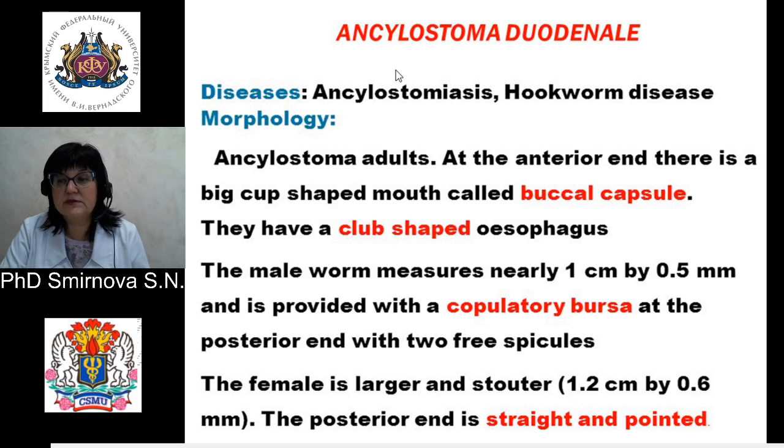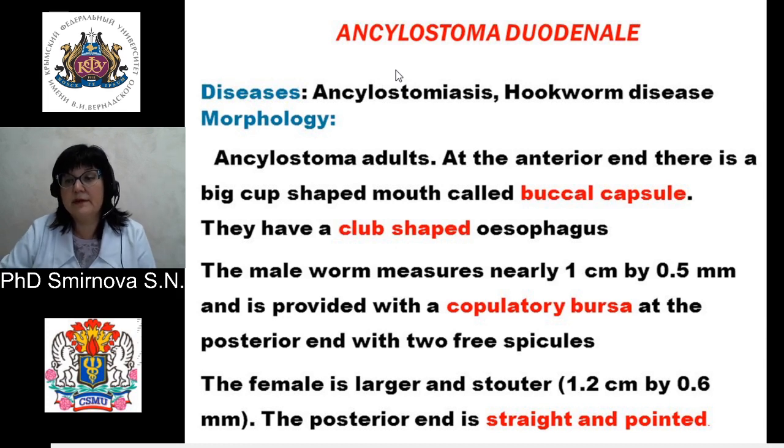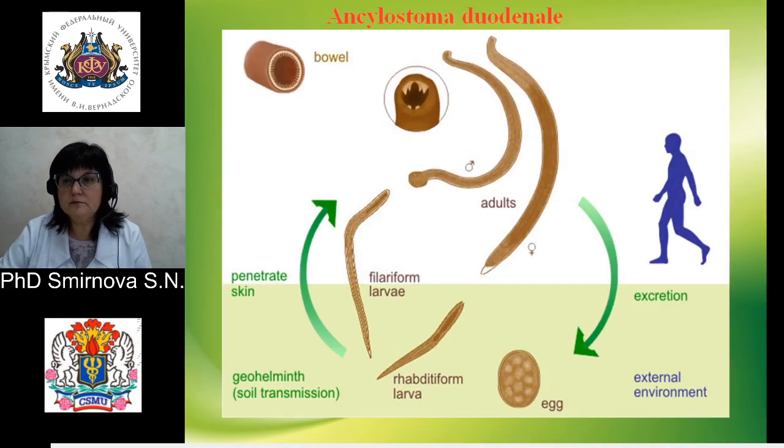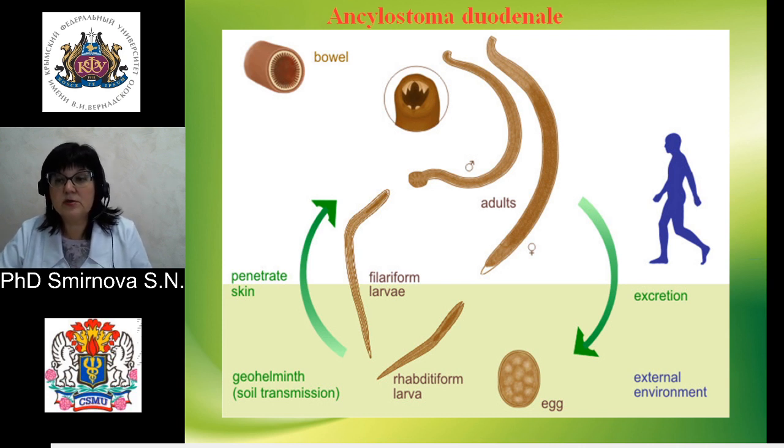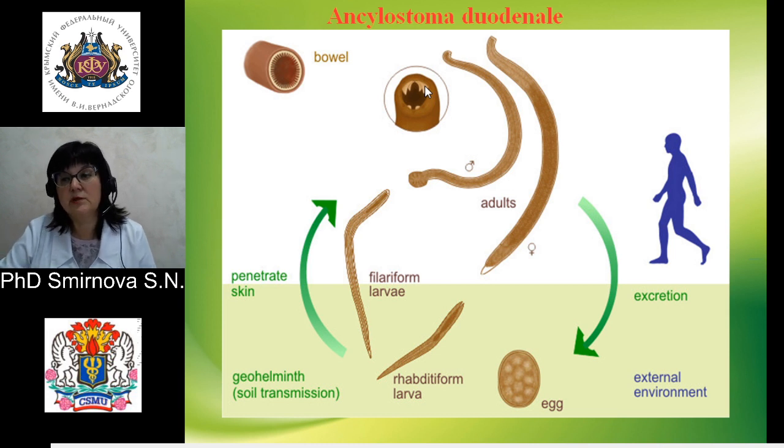Adult Ankylostoma is a very small parasite: the male is about 1 centimeter in size, the female 1.2 centimeters. Ankylostoma duodenale is located in the small intestine of the human body and sucks blood. It has an interesting structure of the oral cavity, which contains teeth that help it attach to the mucosa of the small intestine.